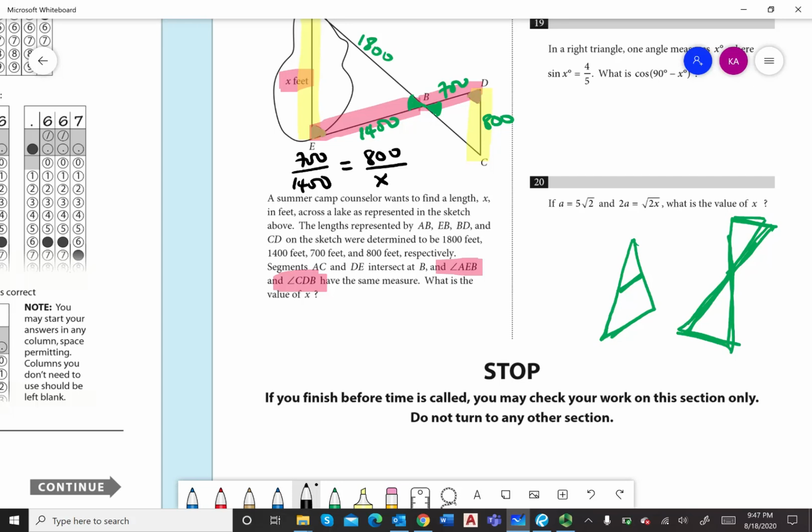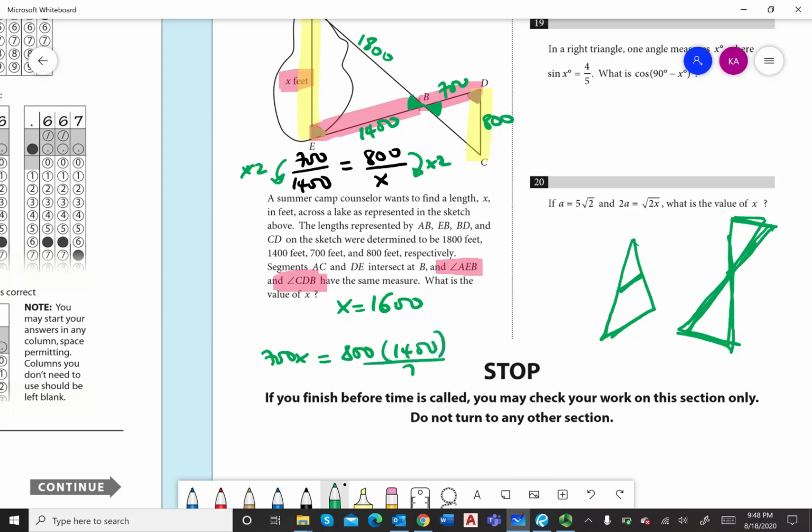Cross multiplication here again. Okay, you can use cross multiplication, or you can also just realize that to get from 700 to 1400, you have to multiply by 2. So to get from 800 to x, you also need to multiply by 2 to keep the ratio. So x would have to be 1600. Okay, either that, or you can just cross multiply. 700x is equal to 800 times 1400.